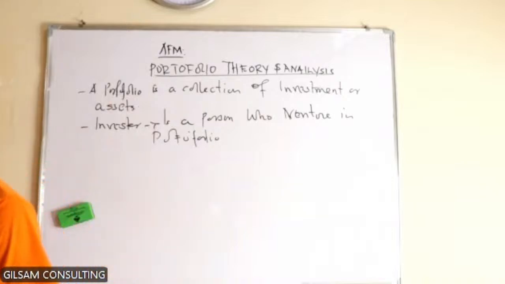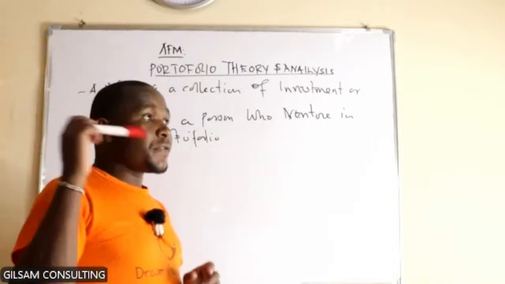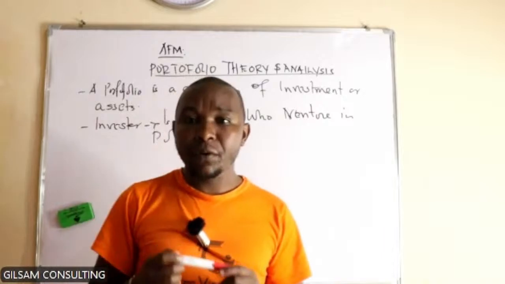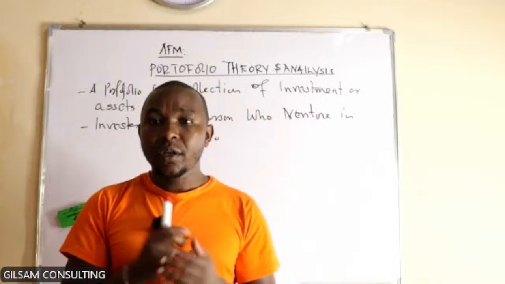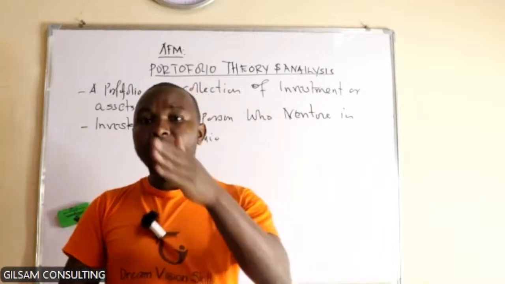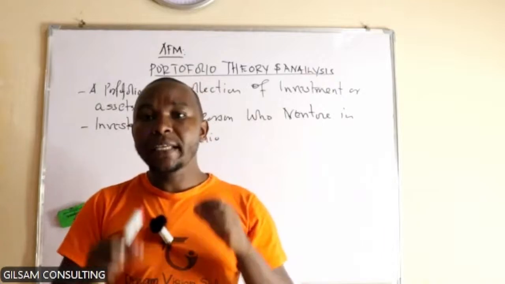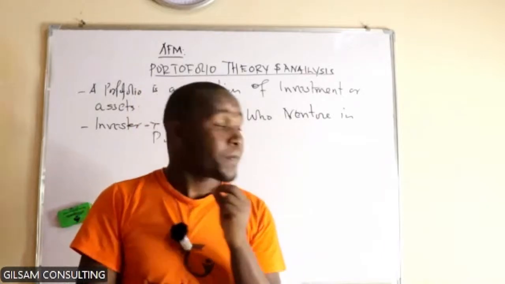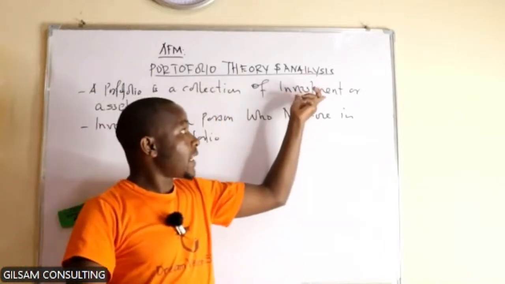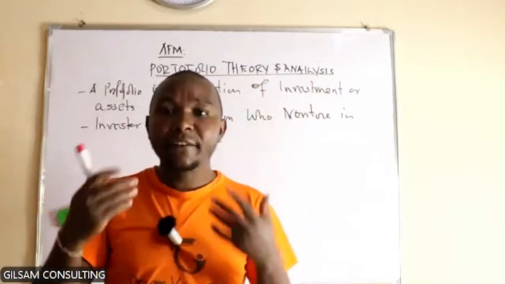If you are expecting to get a return, every business has a risk, so each and every portfolio has its risk. The reason for this topic is to calculate that risk. I will not do that for you because this one is just using the calculator.